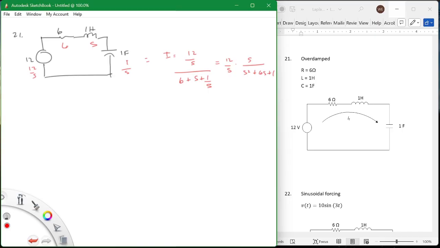Now the hard part, right? How does this factor?